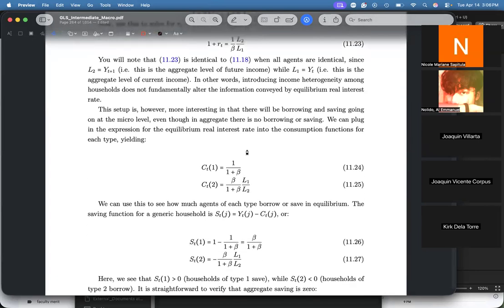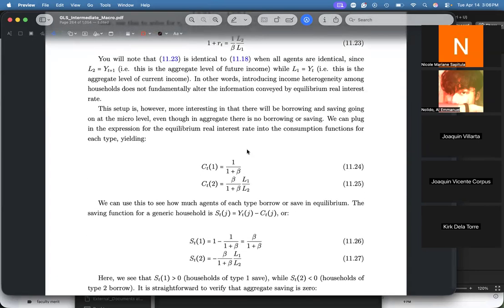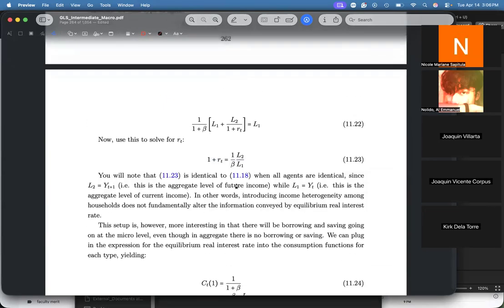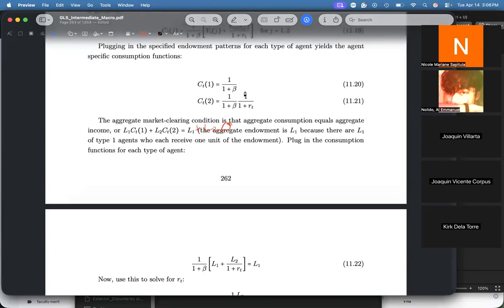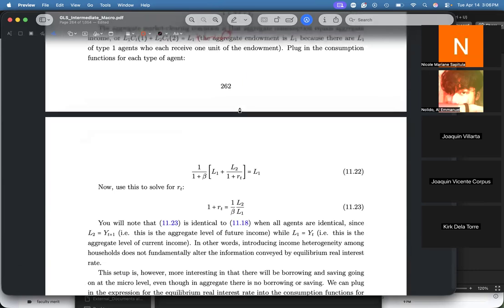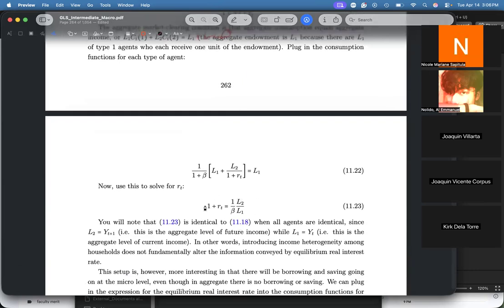Okay. Next, let's think about it in terms of savings. So babalik tayo dun sa CT1 and CT2. But now, anong nawala sa CT2? Dati meron ditong ano? Ano yung CT2 dati? Meron siyang 1 over 1 plus R. But then, according to the IS curve, there's a relationship between R, L2, and L1.